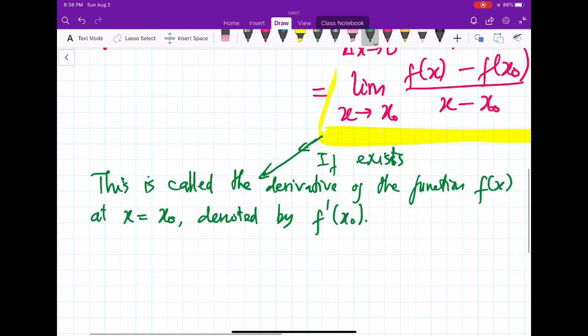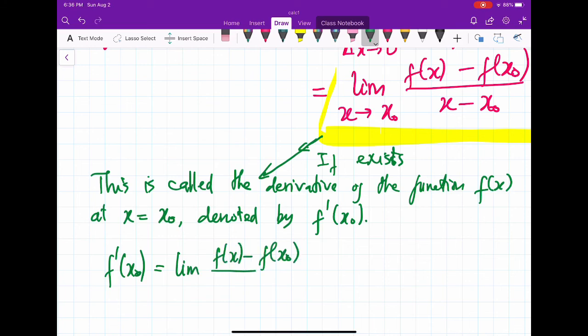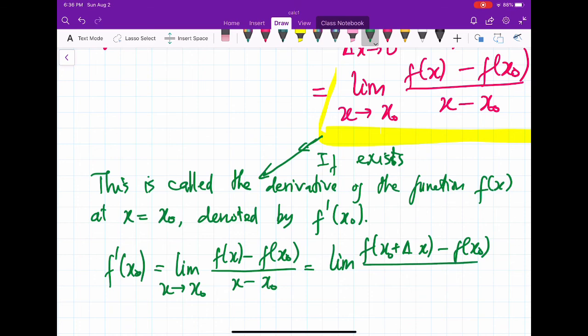Or I can write f prime of x0 equal to the limit of f of x minus f of x0 over x minus x0 as x approaches x0, and that is also the limit of f of x0 plus delta x minus f of x0 divided by delta x when delta x approaches 0. So this is the definition of the slope of the tangent line at x0 and the definition of the derivative.